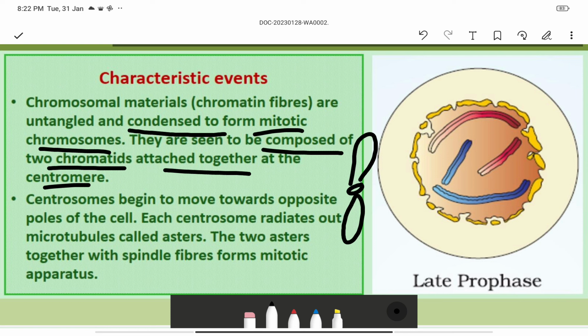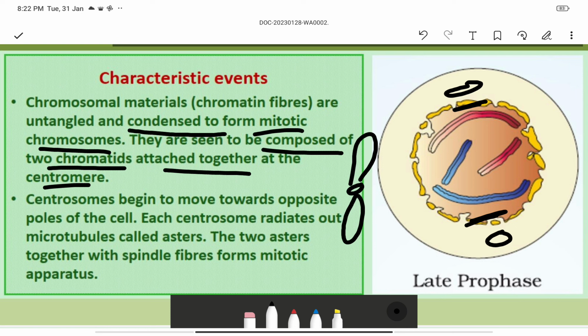Chromosomes begin to move towards the opposite poles. See, this is the opposite pole, here is the opposite pole. Each centrosome radiates out microtubules called an aster. The two asters together with the spindle fibers form the mitotic apparatus. Here is the centriole, and at the opposite pole it is also there.